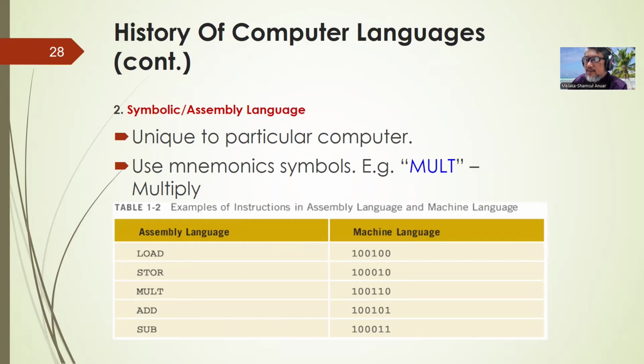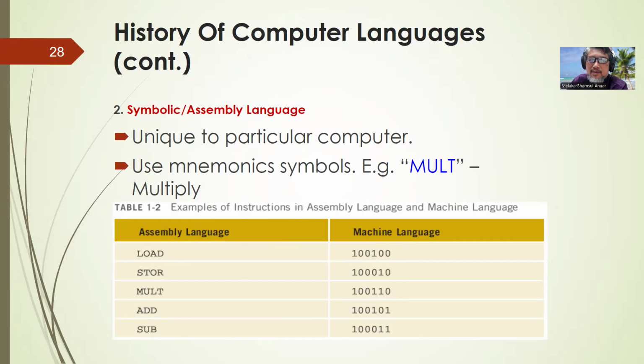They still teach that for their undergraduate students in diploma and also degree. I have my son also studying computer science. So I think he's also taking this, or maybe he already took assembly language.